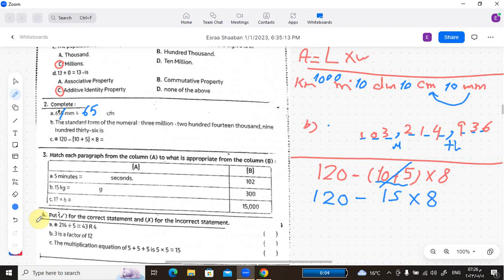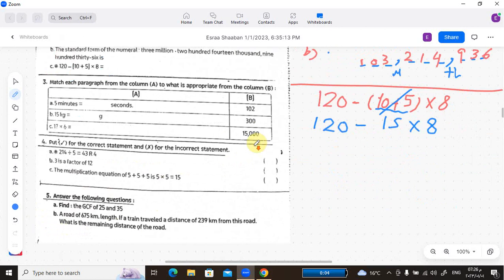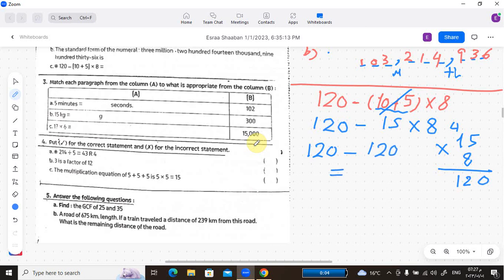After that we have minus and times. Times first, after the brackets. So as a draft here, 15 times 8. 8 times 5 equals 40. 0 and carry 4. 8 times 1 is 8 plus 4 equals 12. So here we drop 120 minus 120, it will be 0.